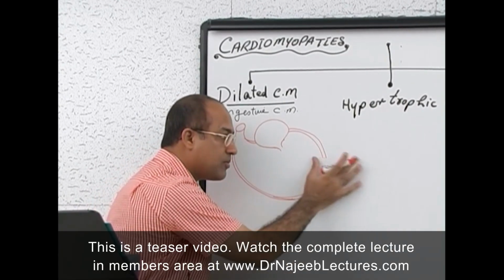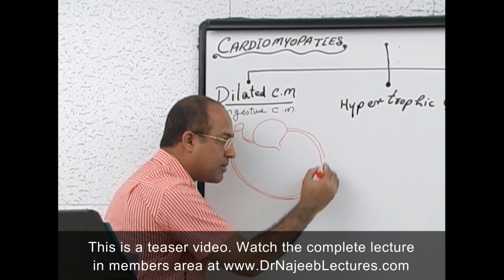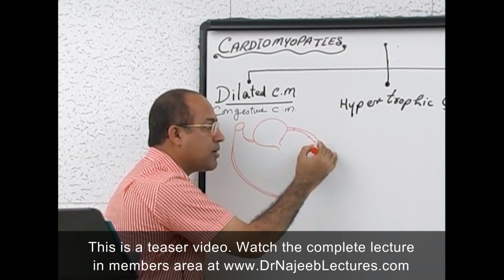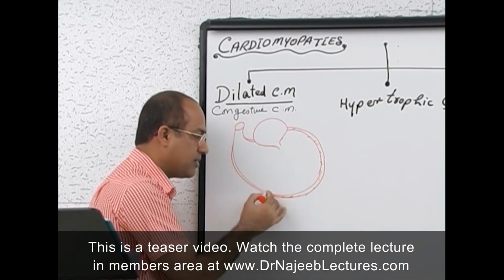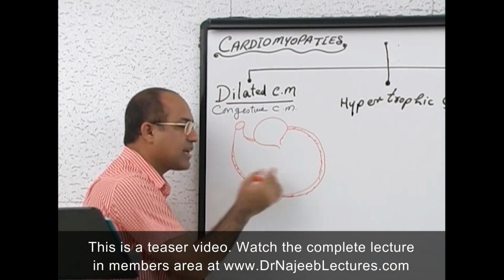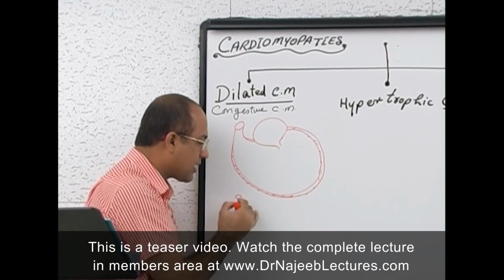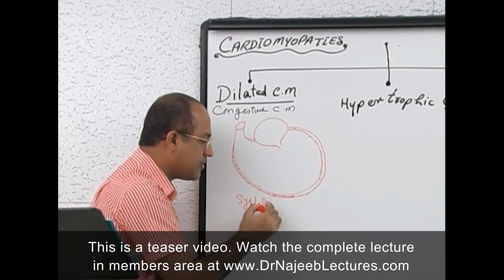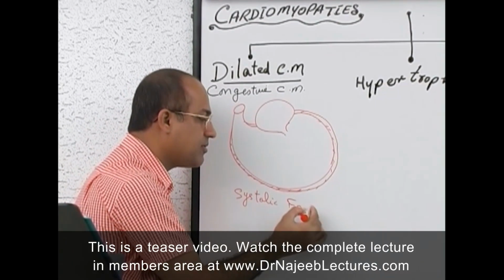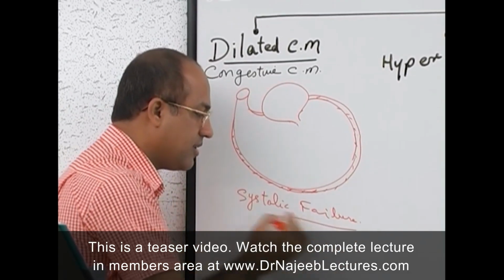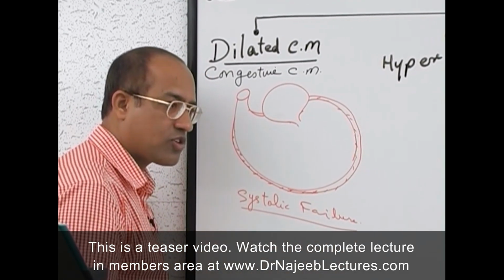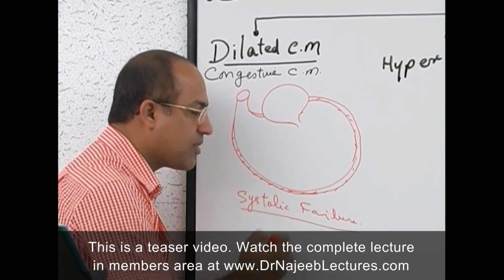But in dilated cardiomyopathy, there is a global problem throughout the myocardium. So this is clinically presenting as systolic failure, failure of contraction. The real problem is systolic failure.